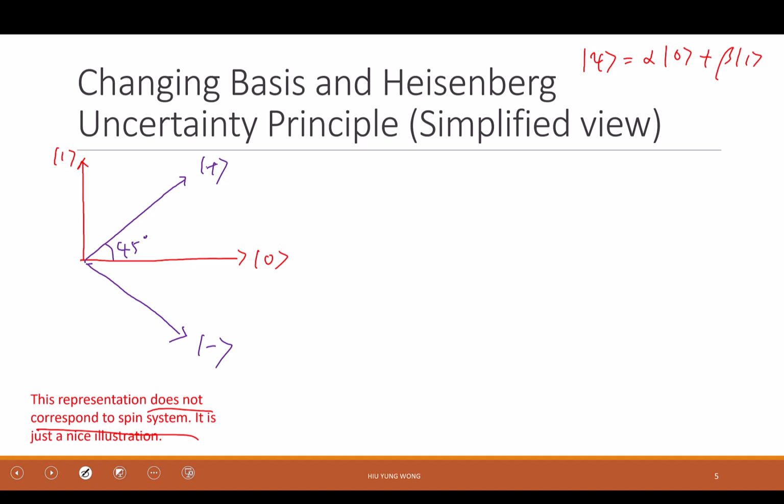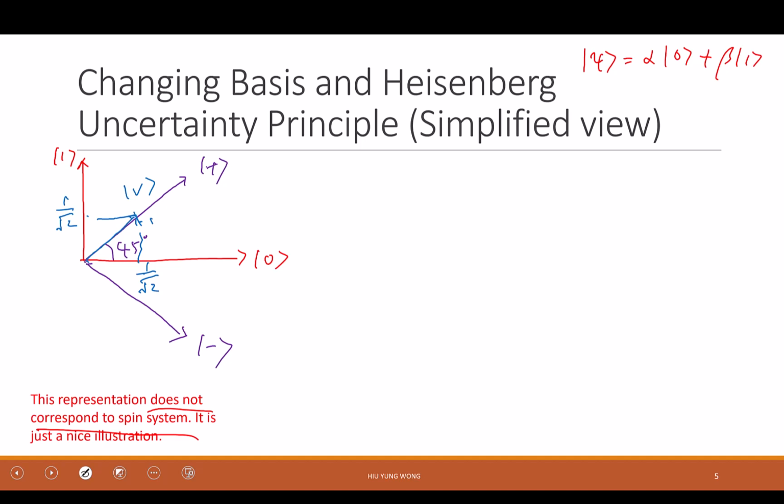So let's say I have a vector here. I call it V. This V just hits 1 unit at plus, and it hits 1 over square root 2 and 1 over square root 2 on 0 and 1, right?